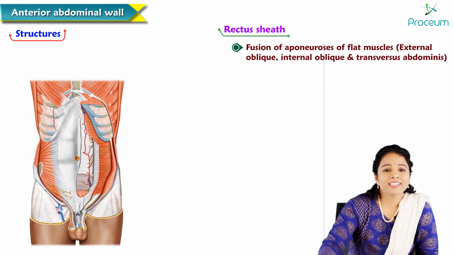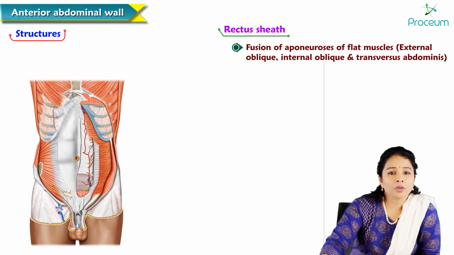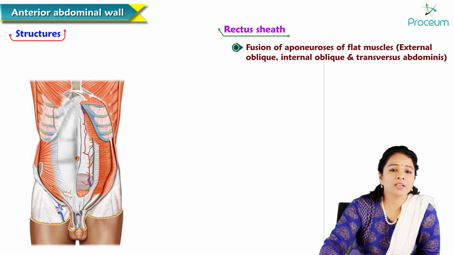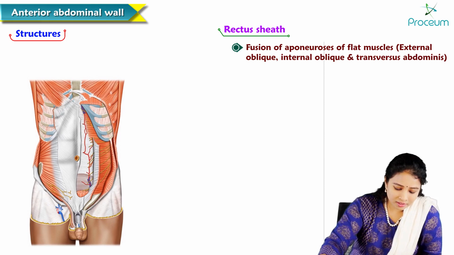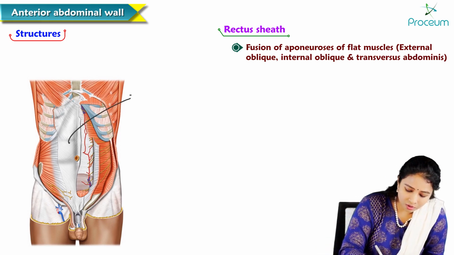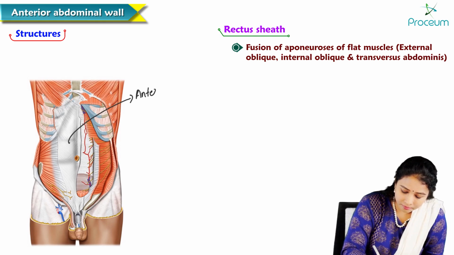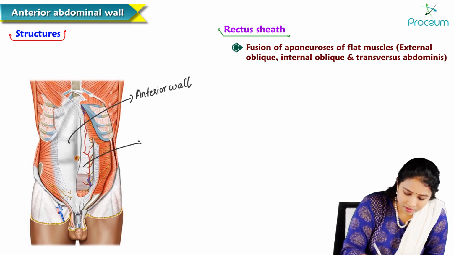Rectus sheath. The rectus sheath is formed by the fusion of aponeuroses, that is, broad tendons of the flat muscles like the external oblique, internal oblique and transversus abdominis, making a sheath covering the rectus abdominis muscle called the rectus sheath. Here in this image we can see the anterior wall of the rectus sheath on one side, and the other side represents the posterior wall.